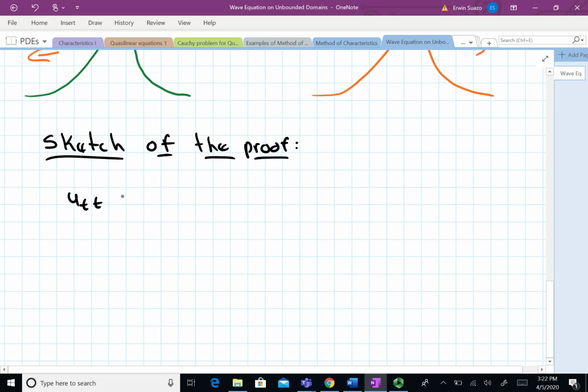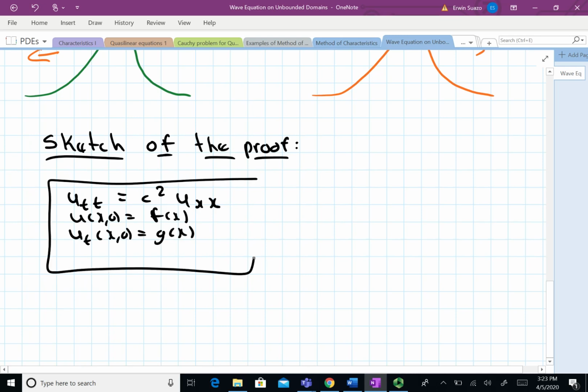We take the wave equation. We have u(x,0) equals f of x, and u_t(x,0) equals g of x. I expect you to do it this way when you are solving your homework, so you know what you are doing. Otherwise it's going to be really messy, and you're going to forget what you're doing.